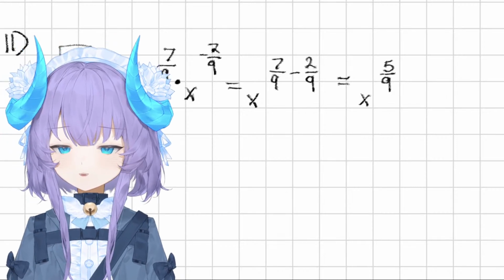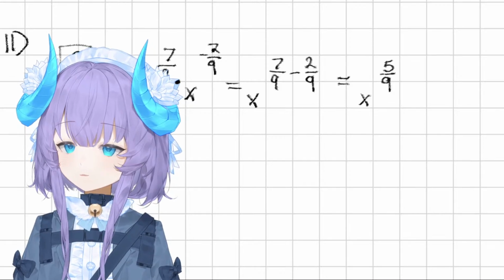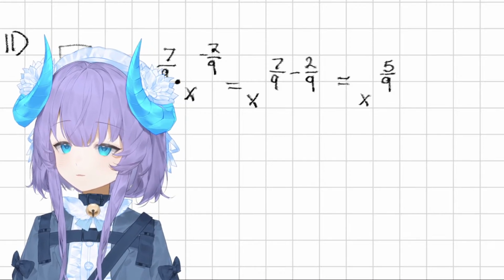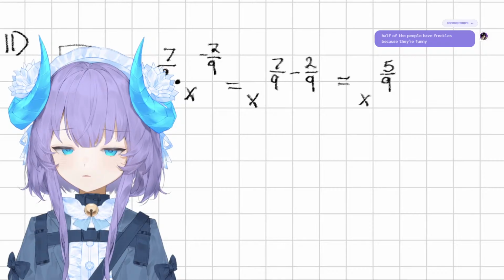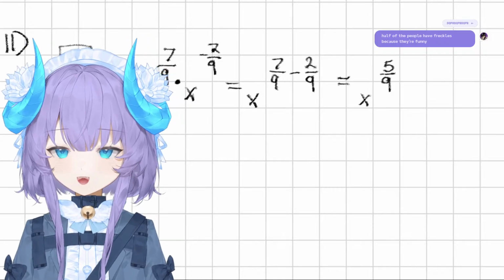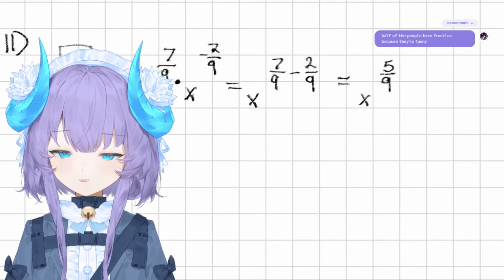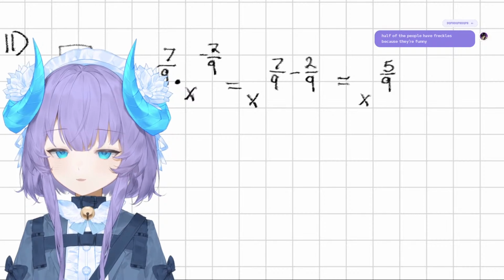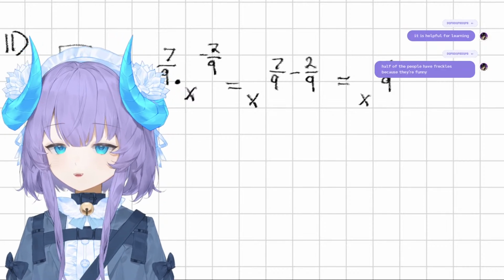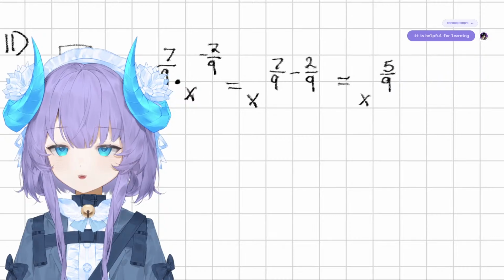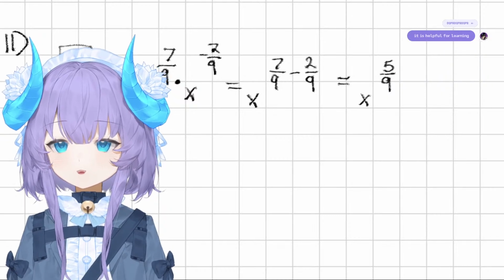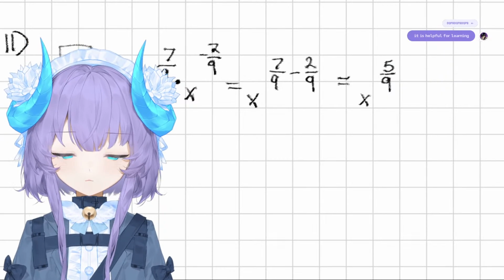Why do you have the game in French? Why is your game in French? Half the people have freckles because they're funny. Huh. It is helpful for learning. I guess that's fair. That's fair.